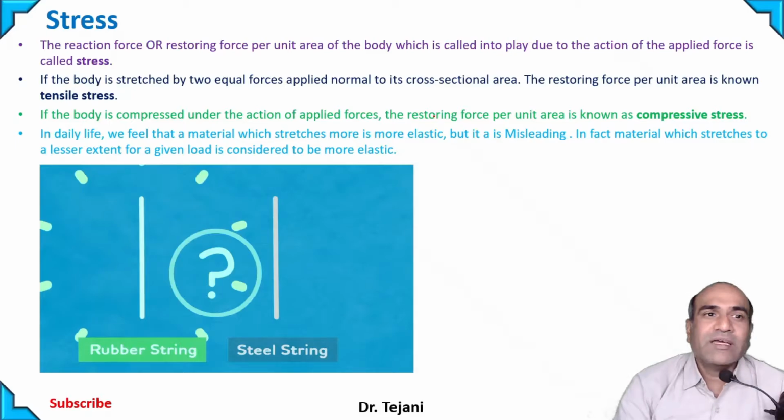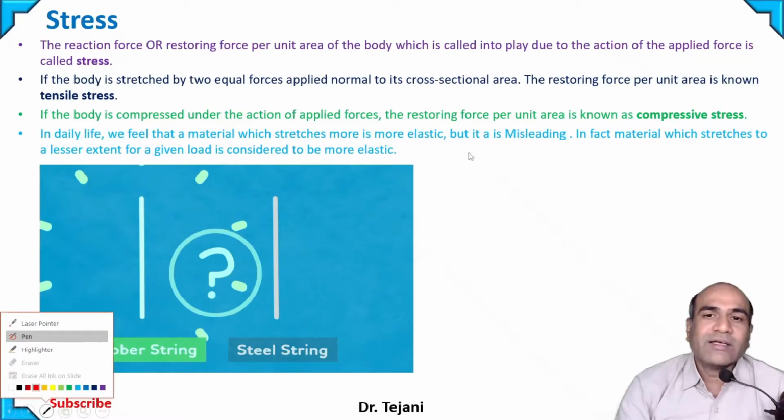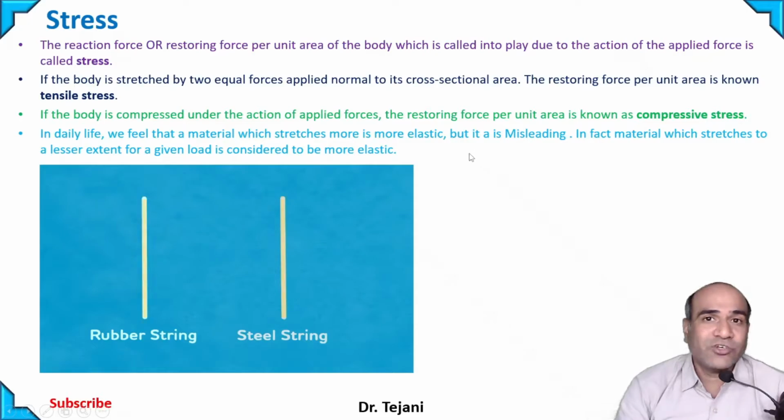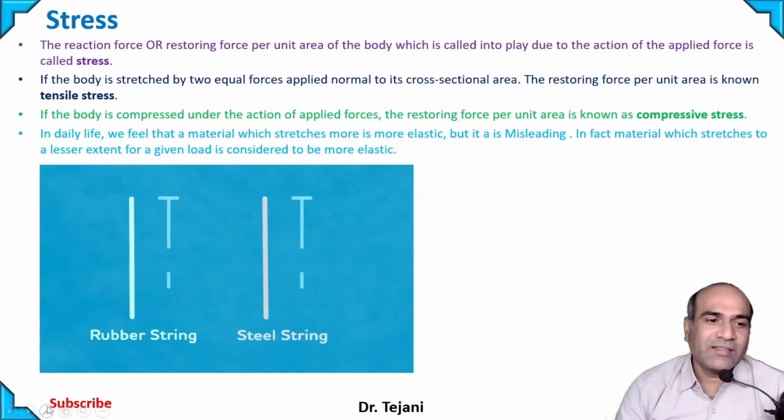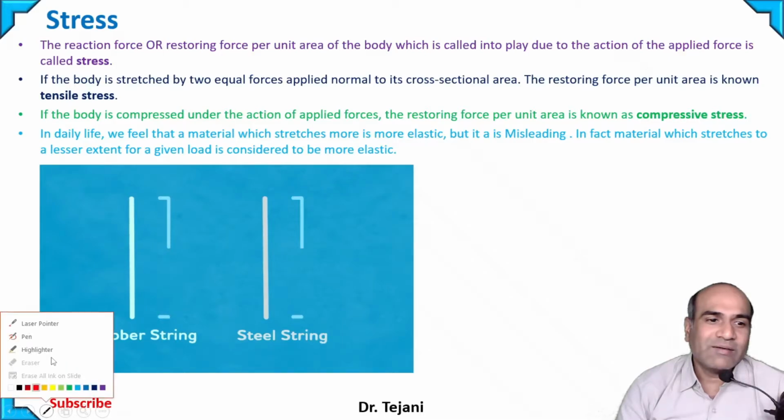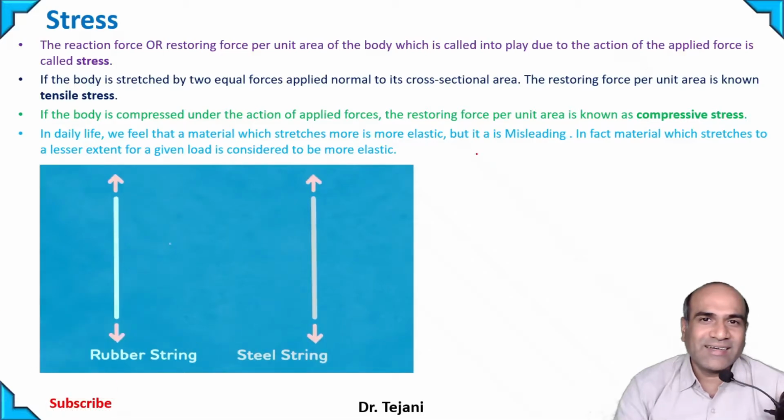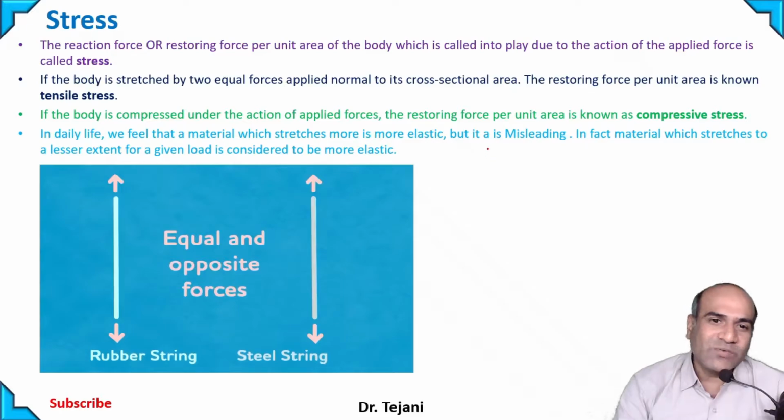Elasticity is a measure represented by stress, and stress is a measure of the capacity of the material, up to what level this material can take. So the answer you may be thinking is not correct in terms of the property of the material.